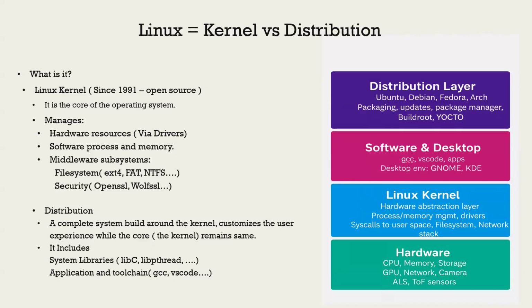Next, let's understand about the distribution. As we spoke earlier, there are different distributions available, like Ubuntu, Debian, Fedora. They basically developed a complete system around the Linux kernel, and they have customized it as per the user's requirement.